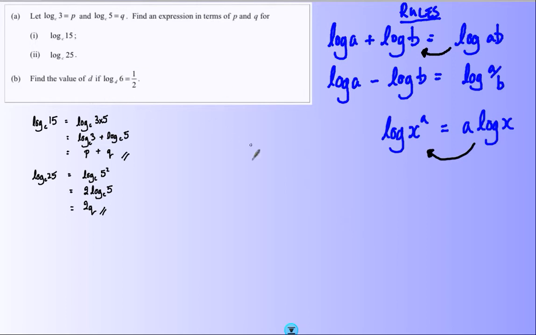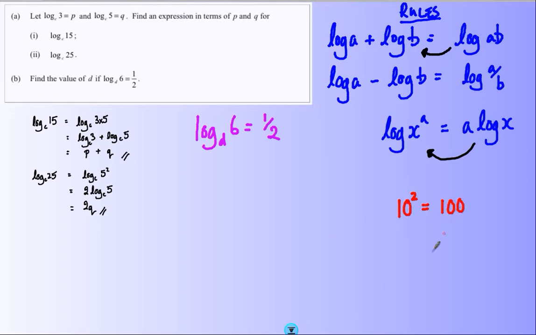This question now. Important question, this one. We have logarithm base d of 6 equals a half. Now, we might think this is a change of base, something like this. The best way to deal with this one, in fact, is to remember what a logarithm means, and if you forget, it's worthwhile just thinking of an easy case.